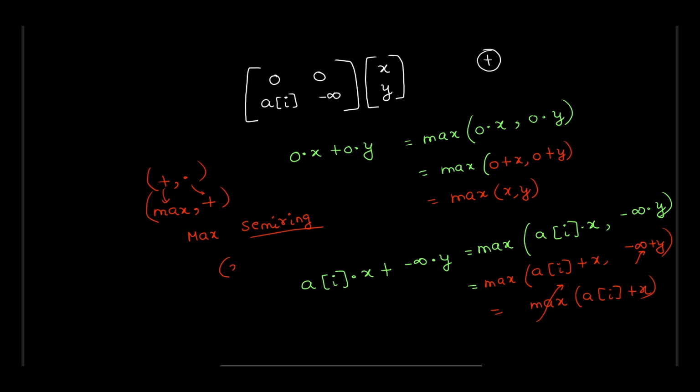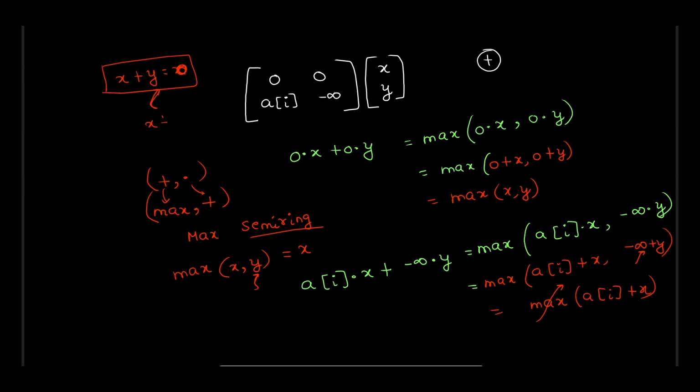So if I tell you that max of x comma y is equal to x, can you find a unique y? No, because there can be a lot of y. But if I tell you that x plus y is equal to x in our normal world, then you know that there is a unique inverse called minus x that can produce this 0 over here.